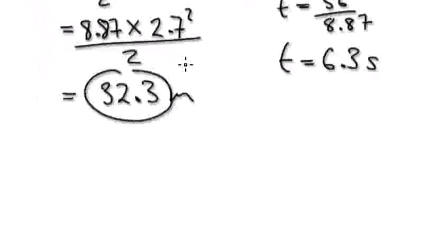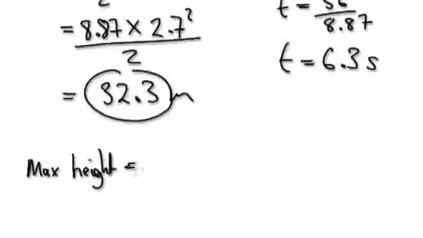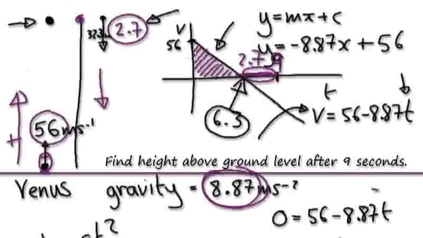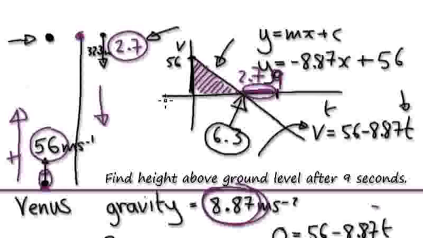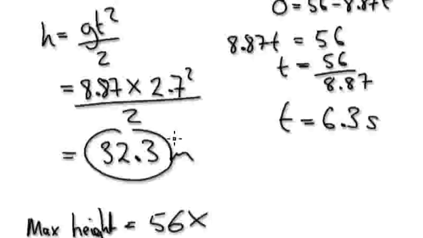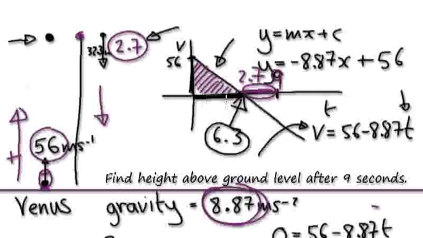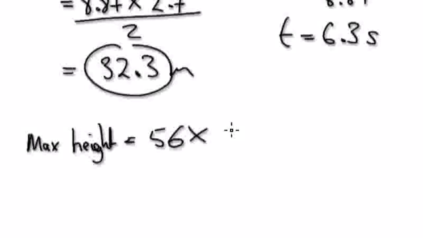So we can say max height equals this height here, which is 56, and then we've got to times it by this distance across here, which is 6.3, because it takes 6.3. And then we've got to divide it by 2.